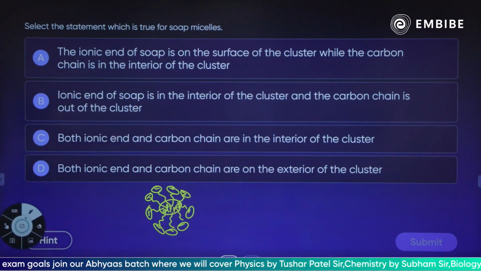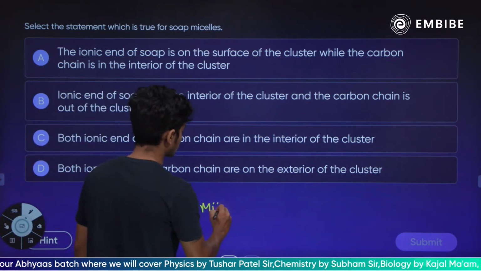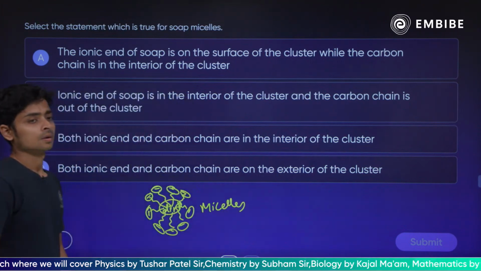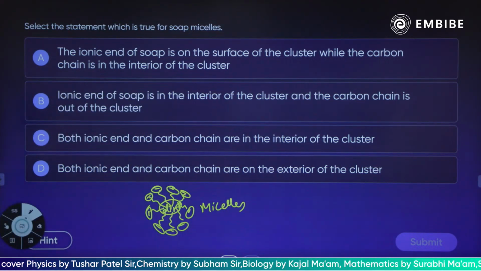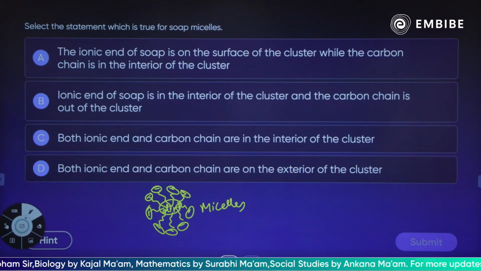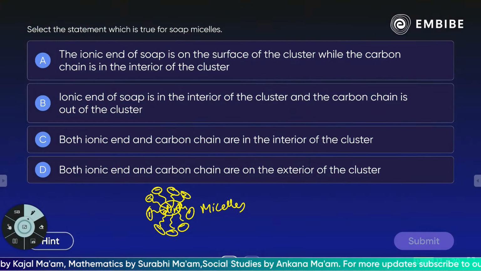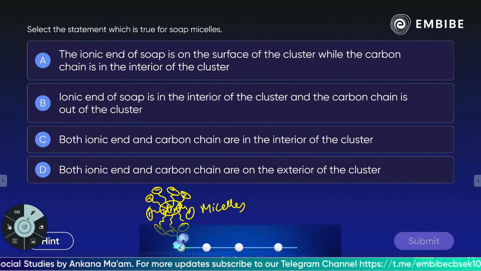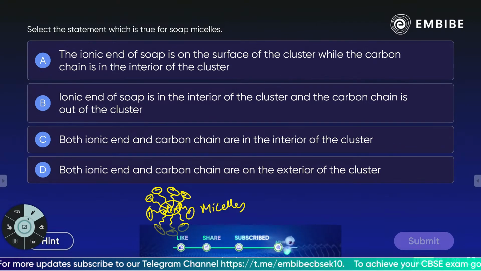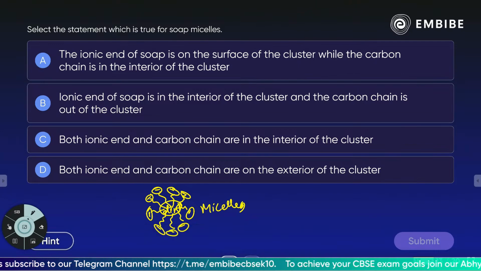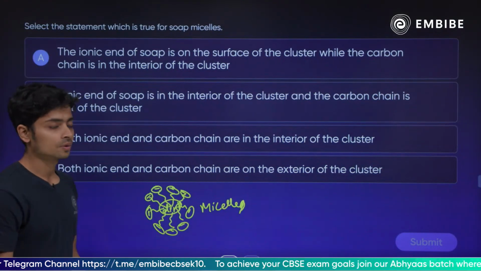In this cluster, this is your micelles. The plural is micelles, so if you have more than one, it will be micelles.